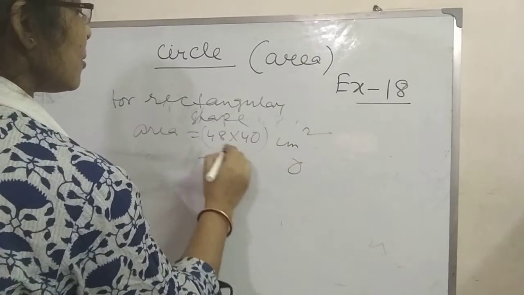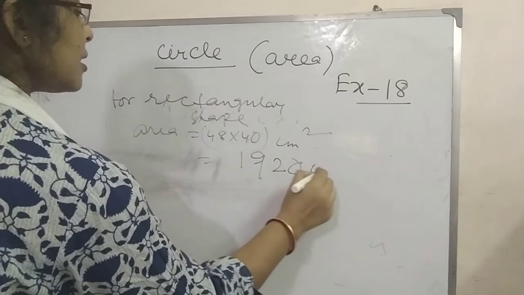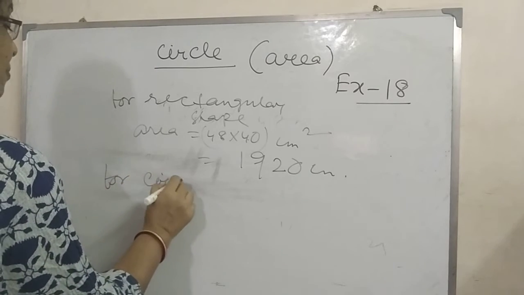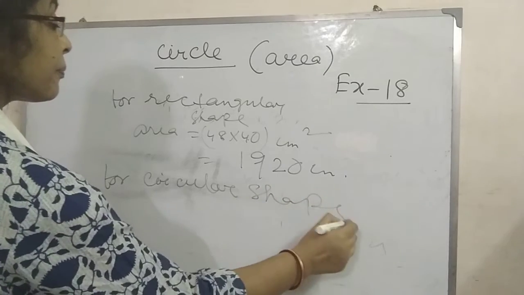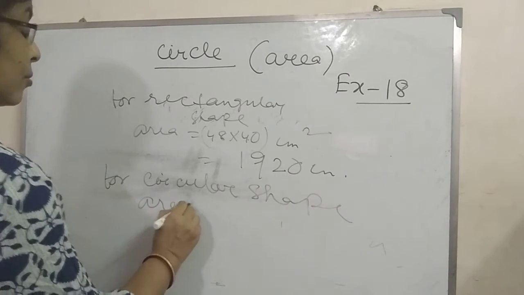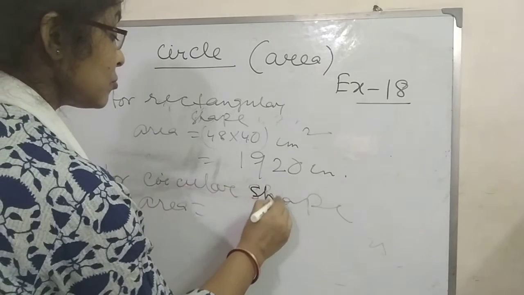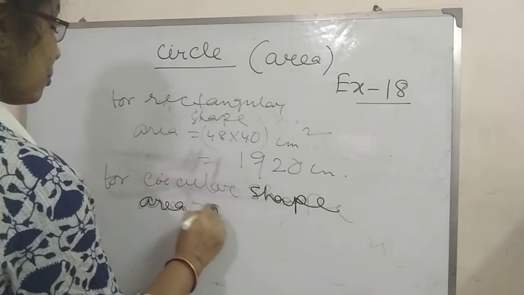For the circular shape, area equals pi r square.